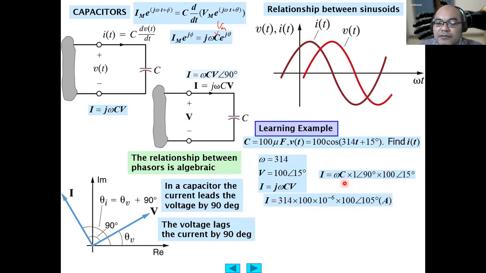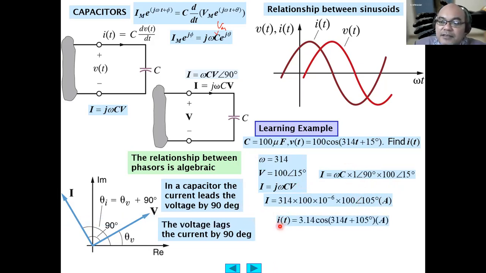Yes, the current equals 314, the omega, times 100 microfarad, the capacitance value, that is 100 times 10 to the power of minus 6, times 100 of the voltage, with an angle of 105 degrees, 90 plus 15 degrees.